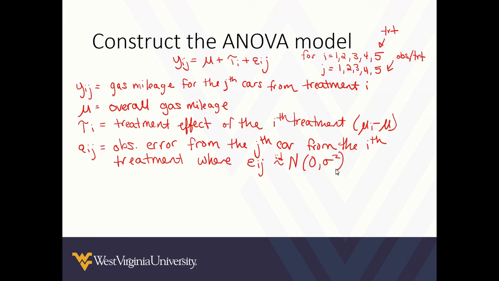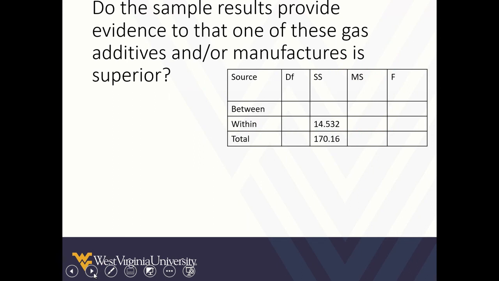So excellent. We've now constructed an overall ANOVA model. And now we can ask, do our sample results provide evidence that one of these gas additives and or manufacturers are superior? In order to test that, we would start by constructing our null and alternative hypotheses.